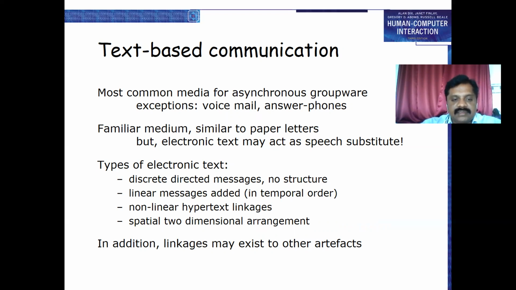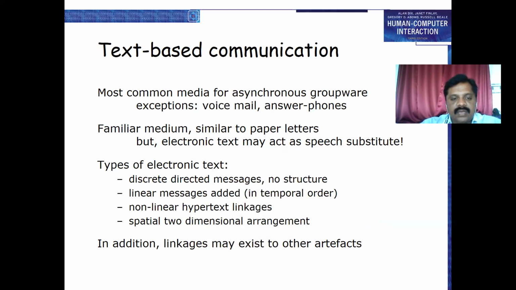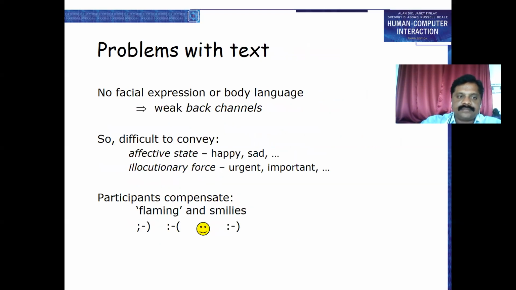Types of electronic text: discrete, directed messages with no structure; linear messages added; non-linear hypertext linkages; spatial two-dimensional arrangement. In addition, linkage may exist to other artifacts. Problem with text: no facial expression or body language. Back channels are difficult to convey.